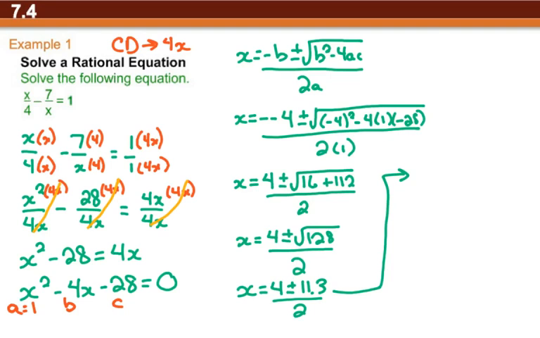Once we get here, we split it, so we get x equals 4 plus 11.3 over 2, and x equals 4 minus 11.3 over 2. So on the left, we get x equals 15.3 over 2.